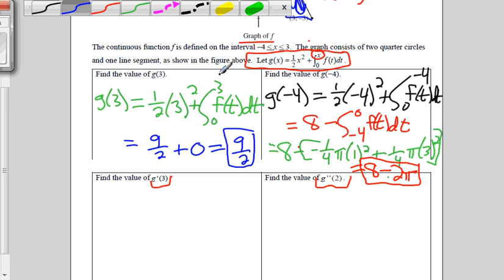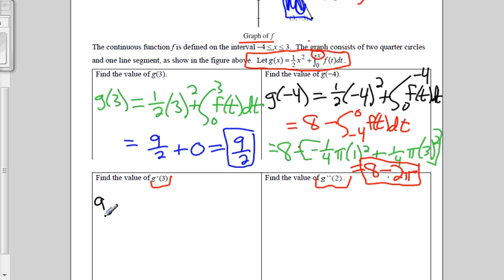Okay, for the third one, it's g prime of 3. Let's first find g prime of x. For this part, I just take the derivative. 1/2 x squared, 2 times 1/2 is just 1, so it's just going to be x. Here is where the second fundamental theorem of calculus comes in.